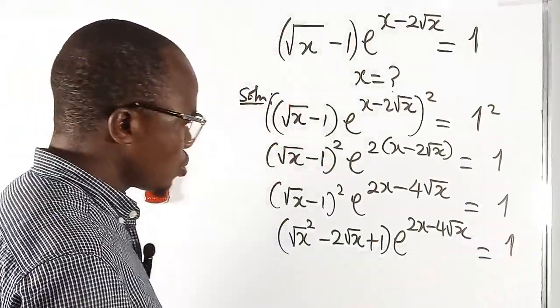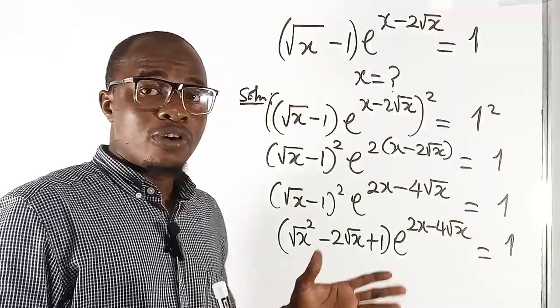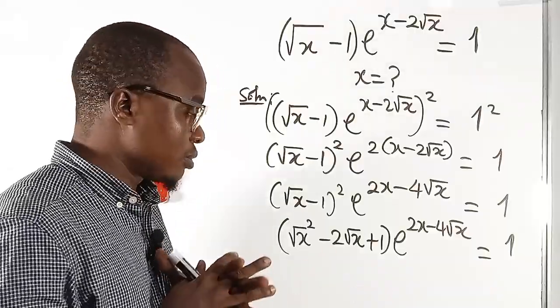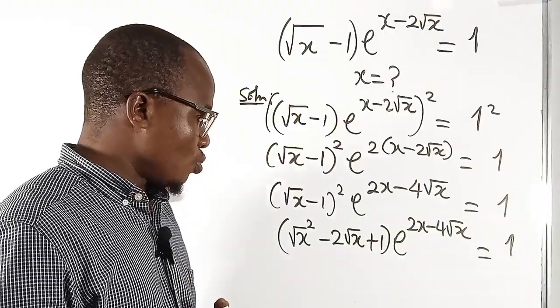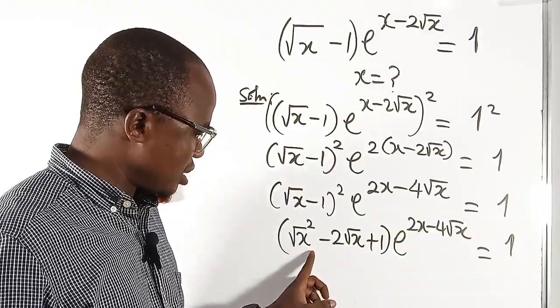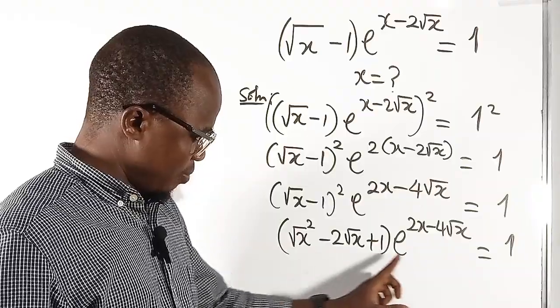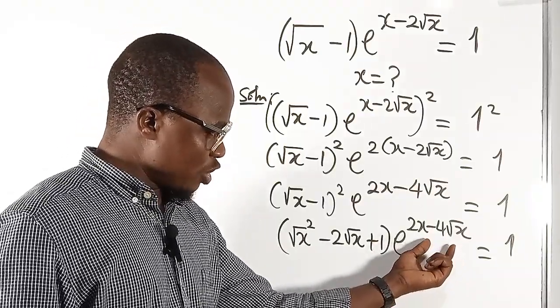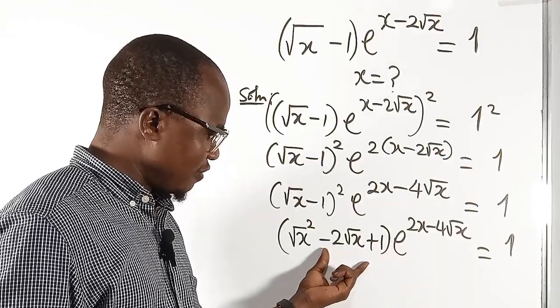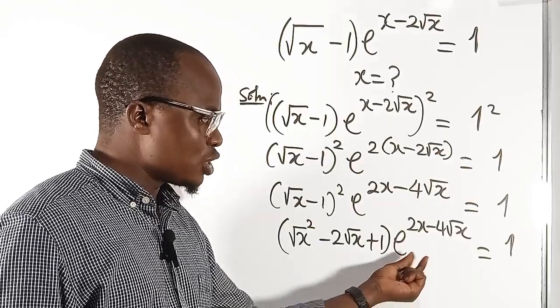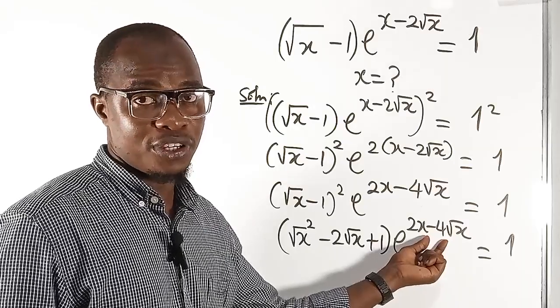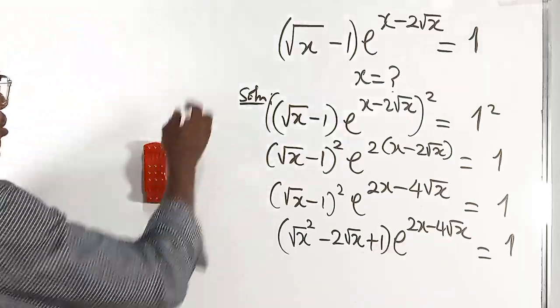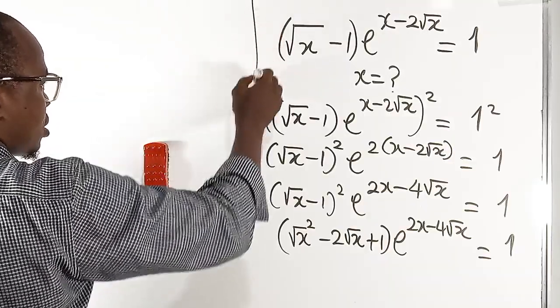Now for us to be able to solve this clearly, you can see that we have this multiplying this. So I want whatever I have as the coefficient of e to be the power of e.